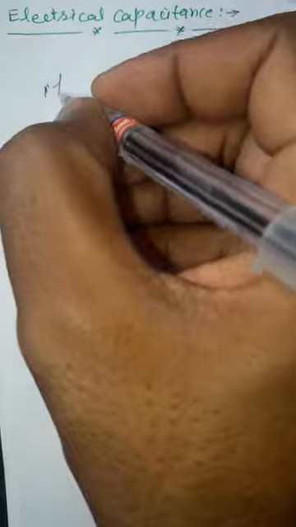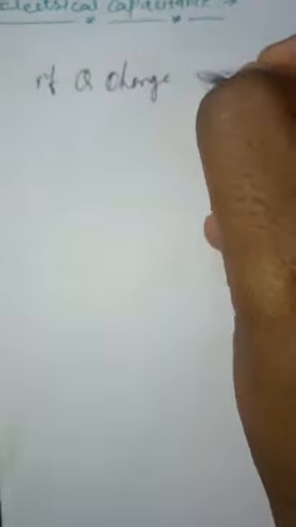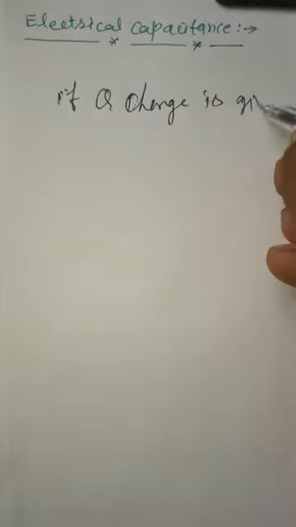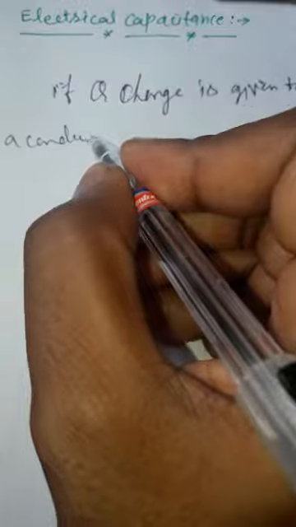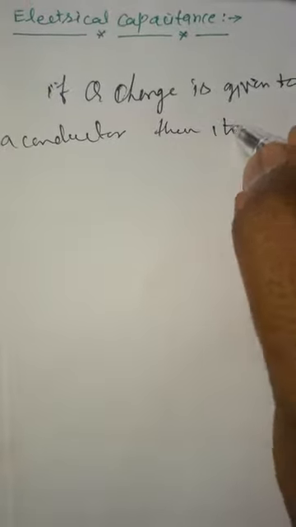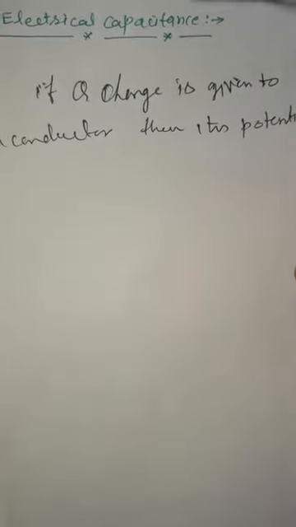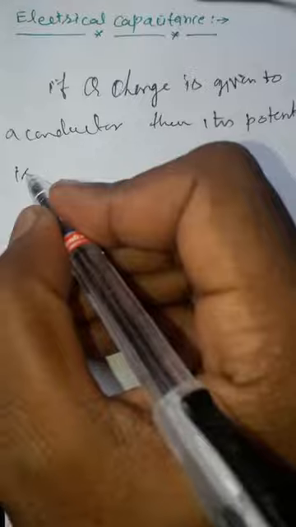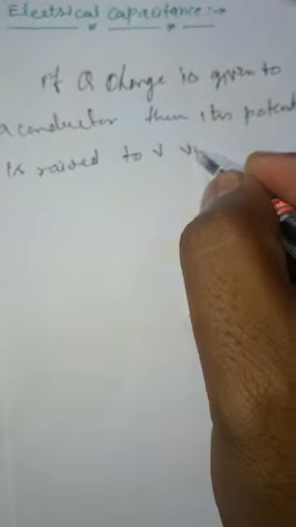Now if we consider that, say, Q charge is given to a conductor, then its potential is raised to, say, V volt.